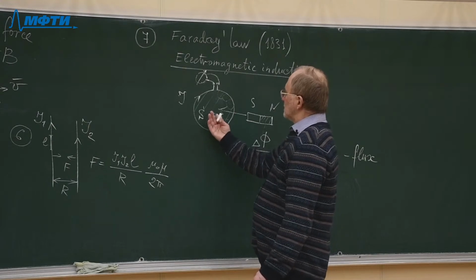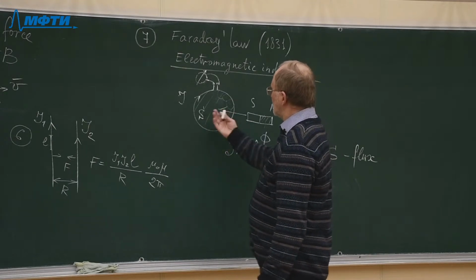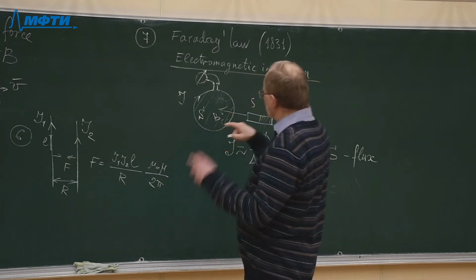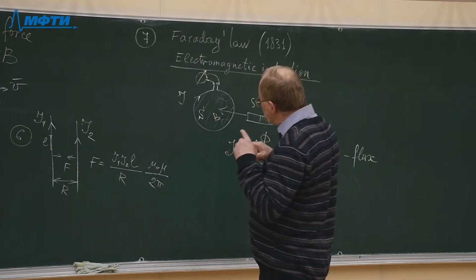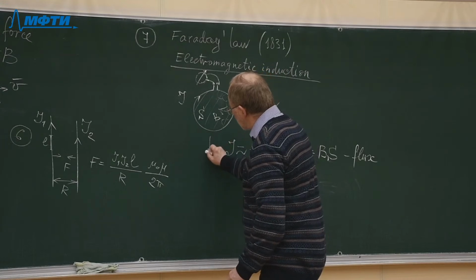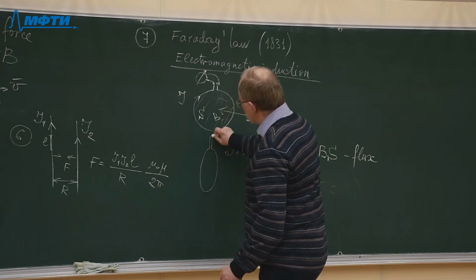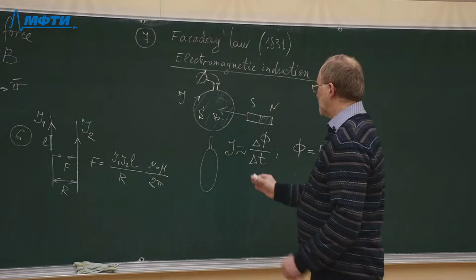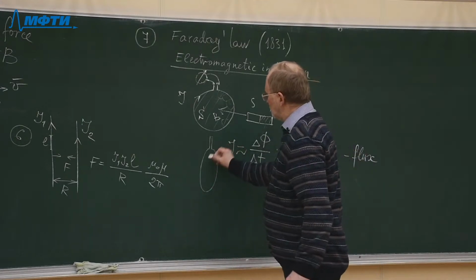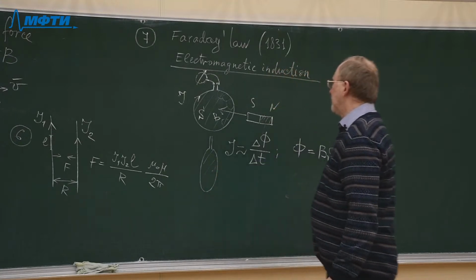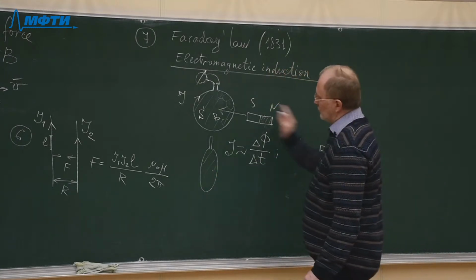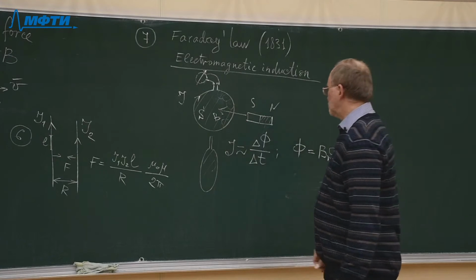If you turn this loop by some angle, and the magnetic field goes perpendicularly to the blackboard, then the magnetic field will see the loop something like this if it's turned at some angle, and then the area will be what the magnetic field can see from looking from the side of this loop.